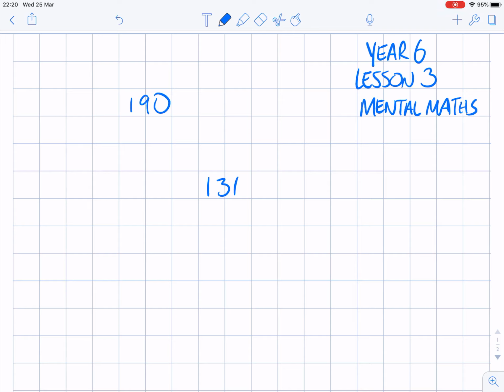So 190 and 131. What is the difference between those 2 numbers?